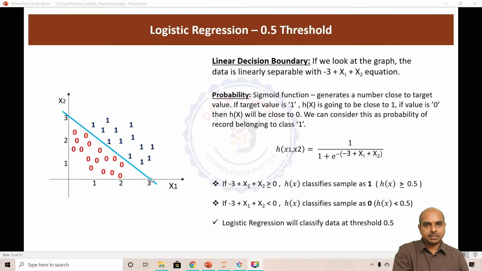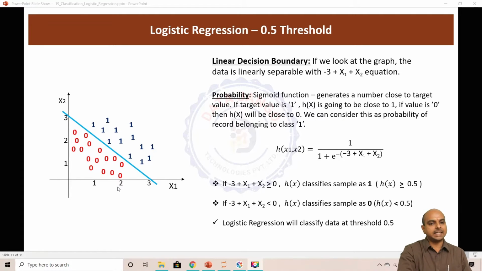In classification, the linear equation tries to distinguish two classes, whereas in regression, the linear equation is trying to fit through the data. So here in logistic regression or classification setup, this line is distinguishing the 1 records and 0 records. So on this line, the equation equals 0.